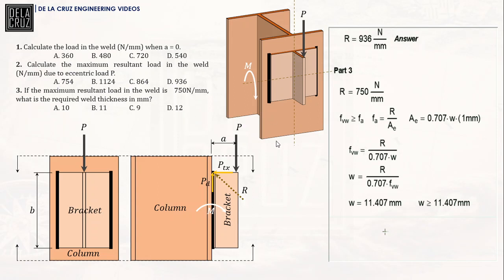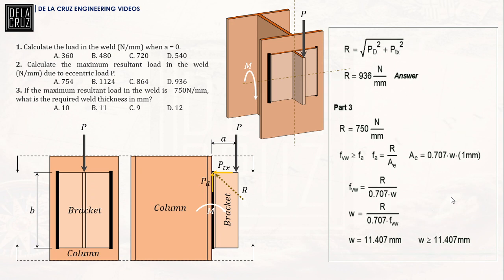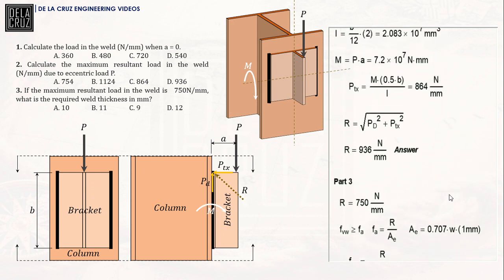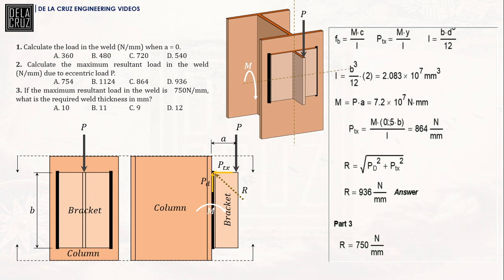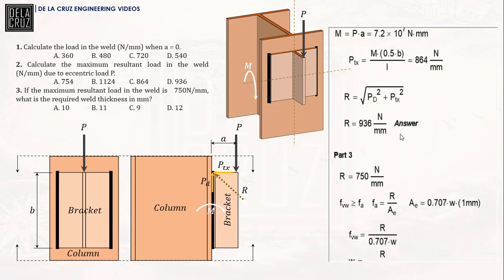So that's it. I hope you understand the solution, no? So by the way, pwede nyo ring sabihin, sir, hindi ba pwede yung torsional formula, yung torsion formula? Pwede rin. And also will come up to the same. 'Di ba?